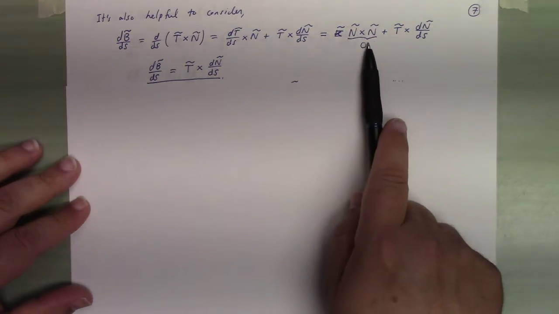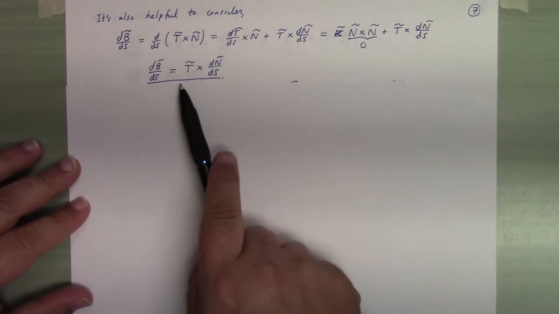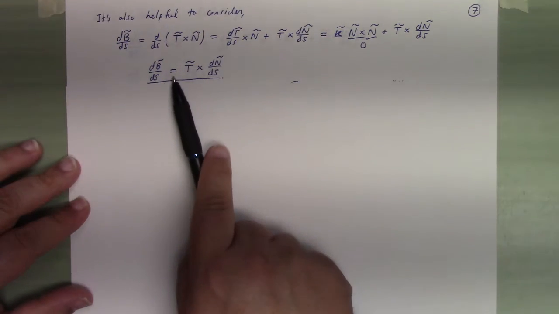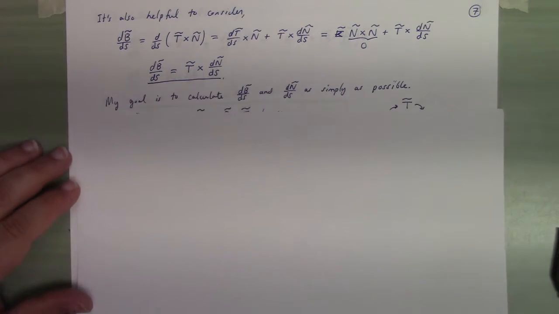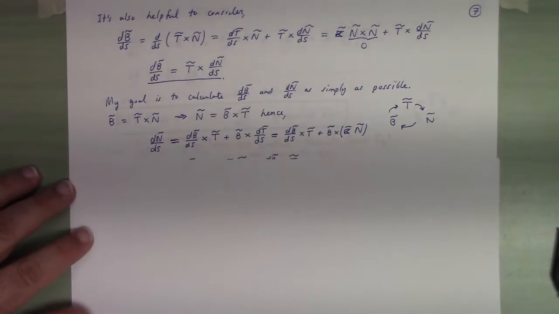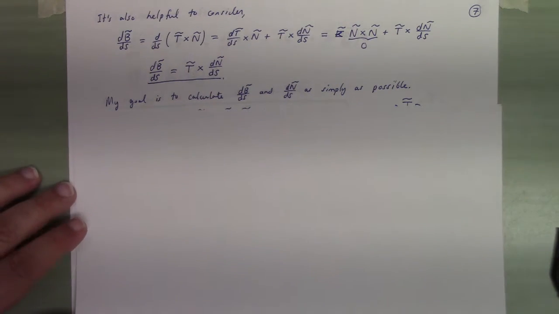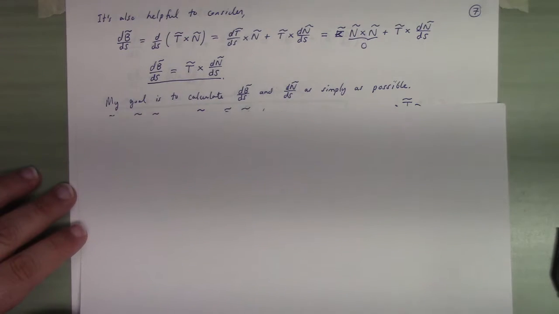And so we're just left with t tilde cross dn tilde ds. So b prime is t cross dn tilde ds. And then my goal here is to calculate b prime and n prime as simply as possible.